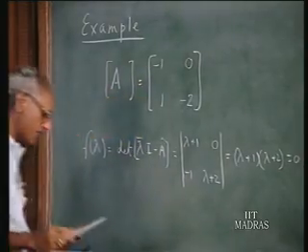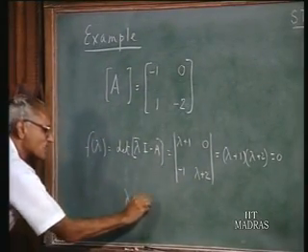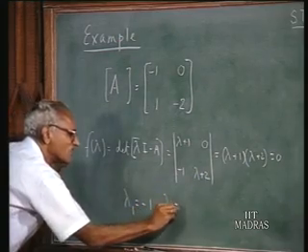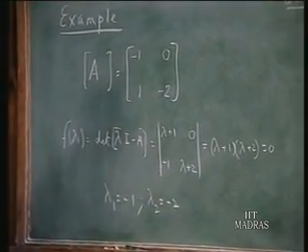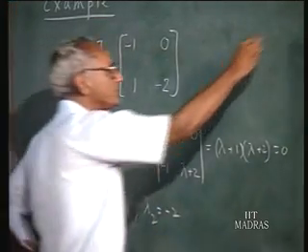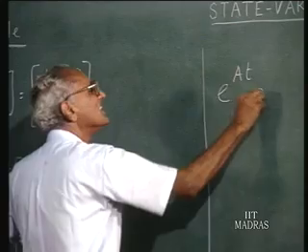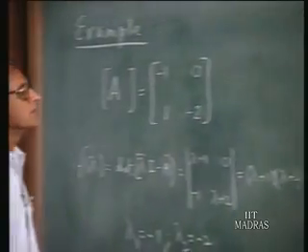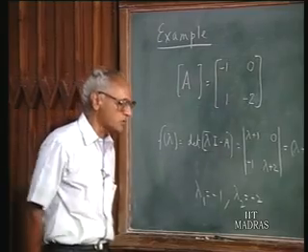That is the characteristic equation. So there are two eigenvalues, lambda 1 is minus 1 and lambda 2 equals minus 2. So they are distinct eigenvalues, minus 1 and minus 2. We keep that at the back of our mind. So we want to find e to the power of at. E to the power of at now is a square matrix of order 2, because A is a square matrix of order 2.